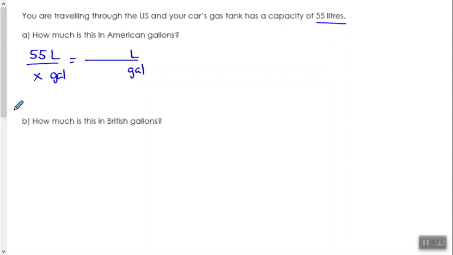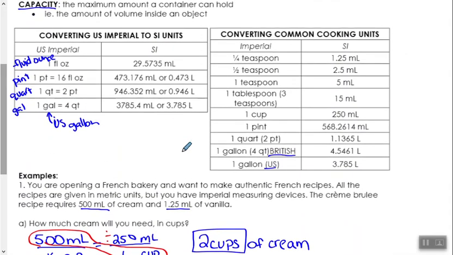So back to our conversion page, taking a look. So remember I have 2 gallons. So one is the British and one is the US. Okay, so not the British one, I want the US gallon. So I can use this or this, because remember this is US imperial. Okay, so 1 gallon US is going to be 3.785 liters.